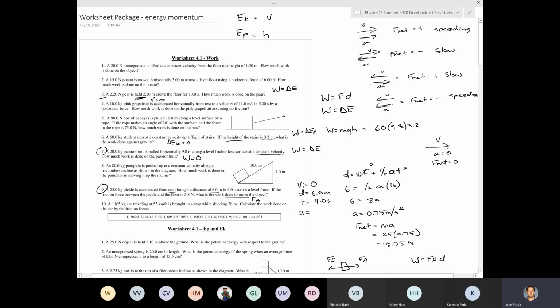Okay, and if v is 0, then there is no kinetic energy, and there's no change in kinetic energy because it's just being held there. And it has potential energy, but it's not changing potential energy. All right. Okay, so therefore the change in energy is 0. So the work is 0. All right, thank you.